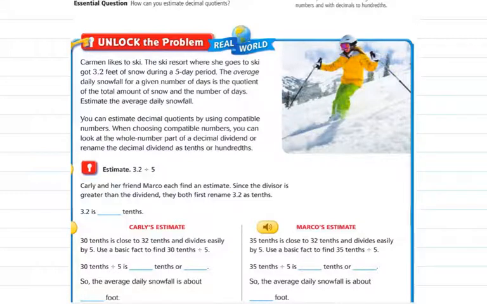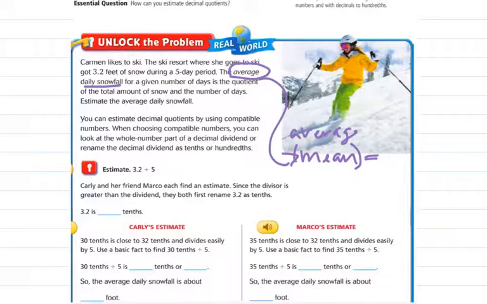When you hear the word average, average means the mean. So you're going to have to figure out some days it snows less, some days it snows more. But the average daily snowfall for a given number of days, and I'm going to put in parentheses mean, and then above that, average.